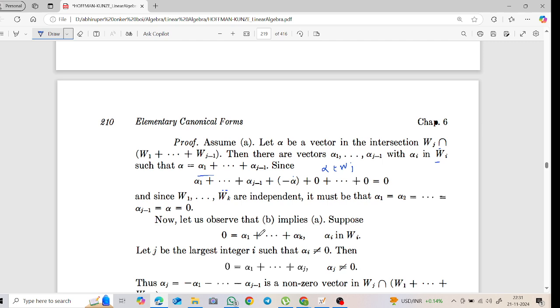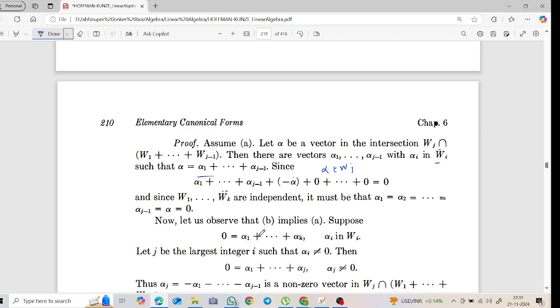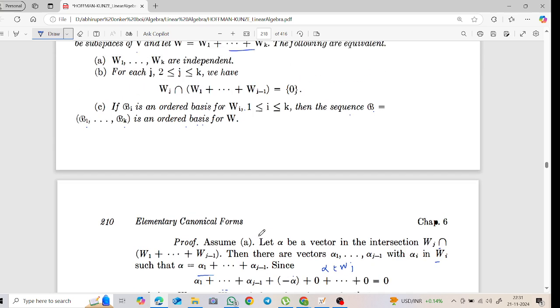Now, suppose you observe B. What is B? B is this: the intersection is 0, and you will have to conclude about the basis.